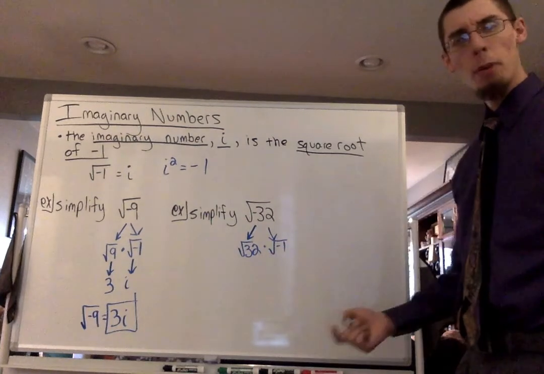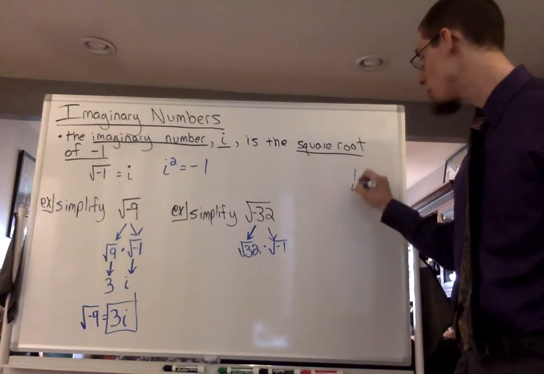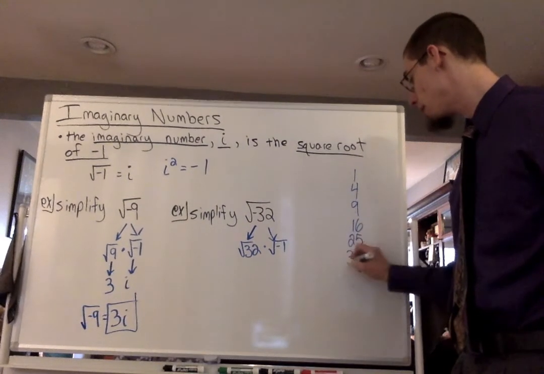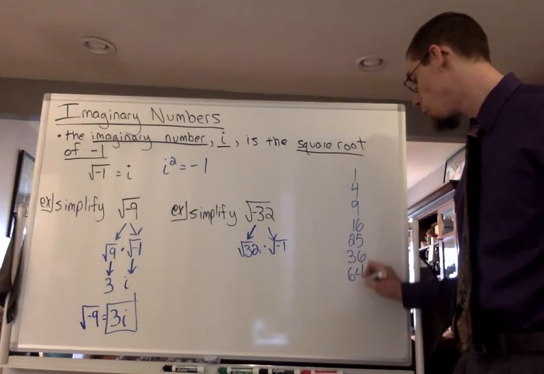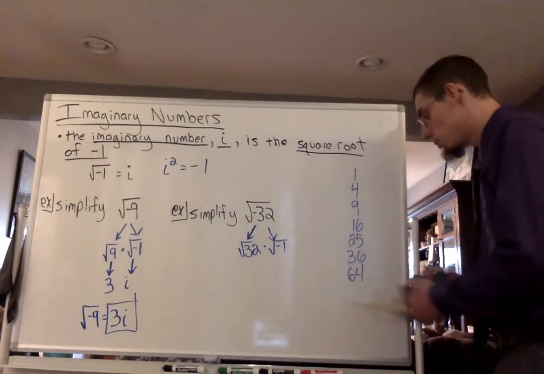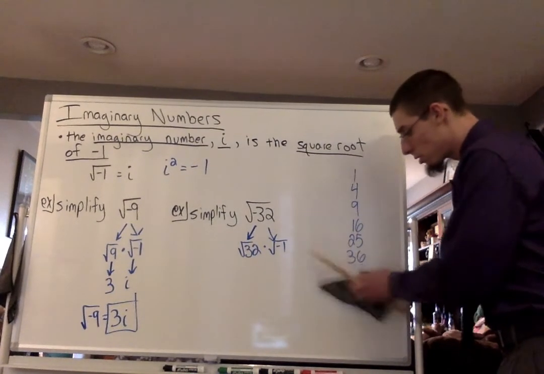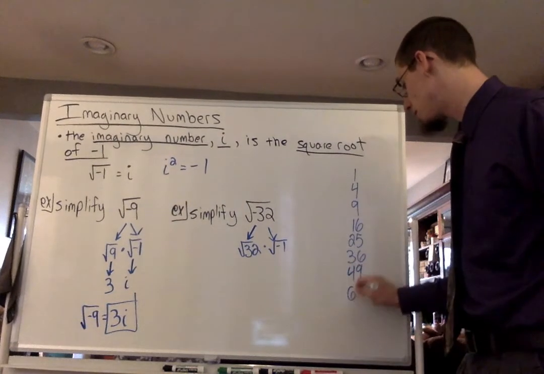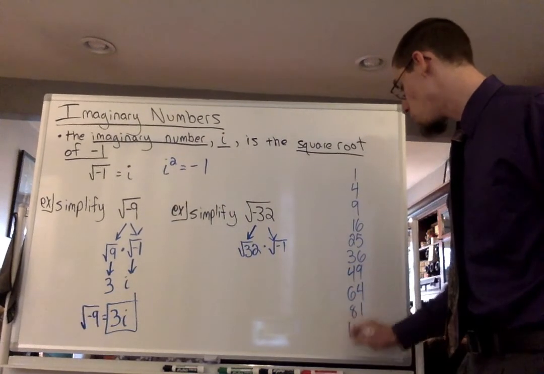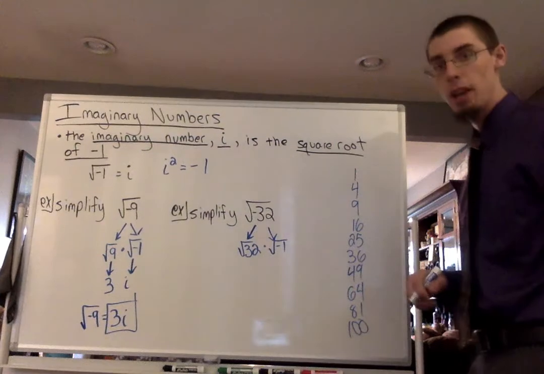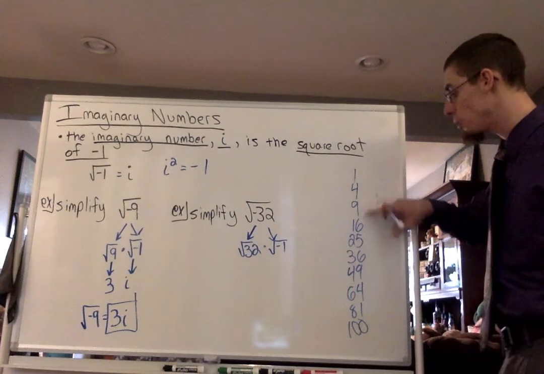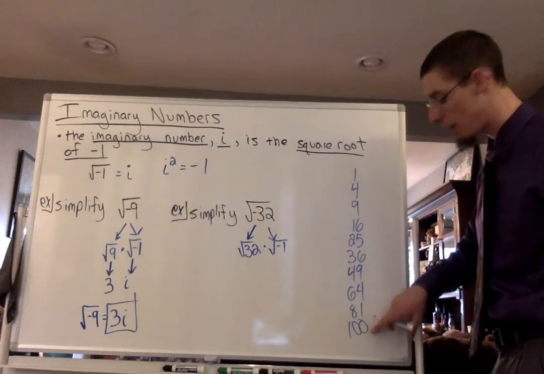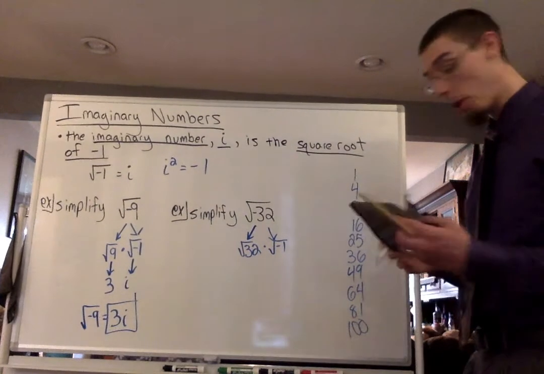What are our perfect square numbers? 1, 4, 9, 16, 25, 36, 49, 64, 81, 100. That's 1 squared, 2 squared, 3 squared, up to 10 squared. Perfect square numbers.